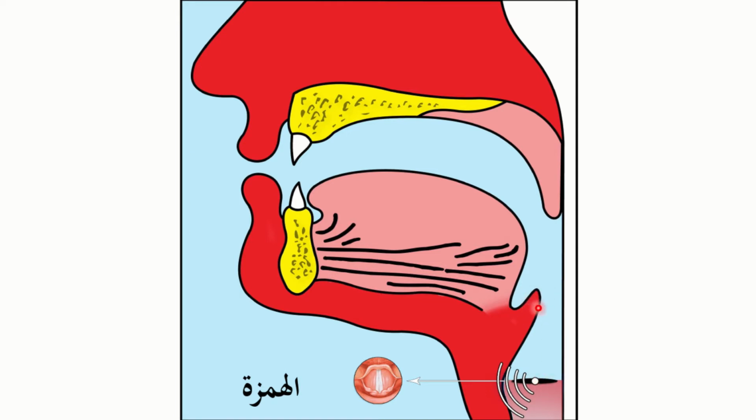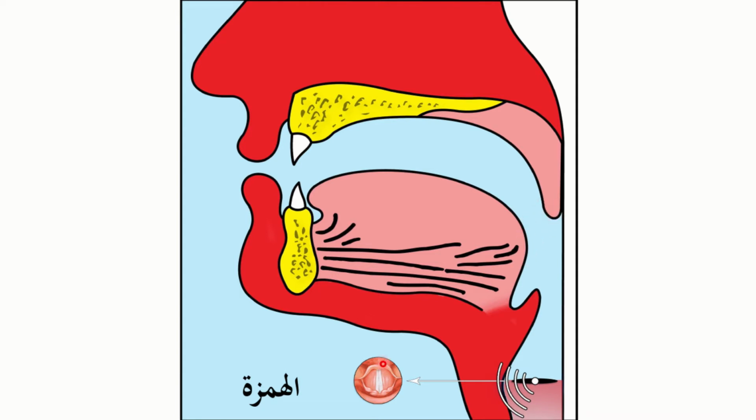This is the epiglottis right here, the little red protrusion, and that area is the middle of the halq. And adna al-halq, or the closest area of the halq, is where the root of the tongue is. That whole area I'm highlighting is the whole halq: the furthest part down, the middle, and the closest part.